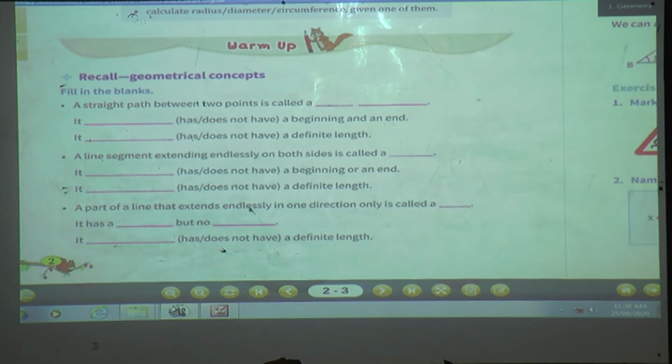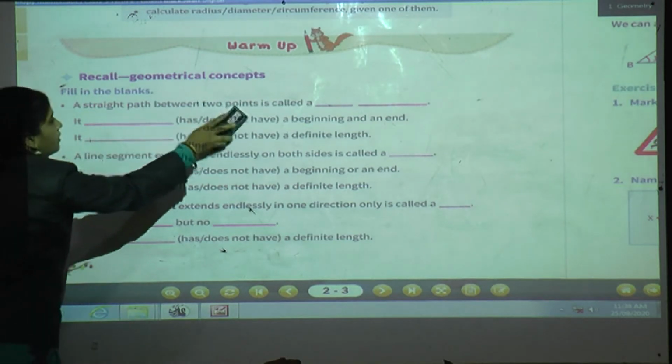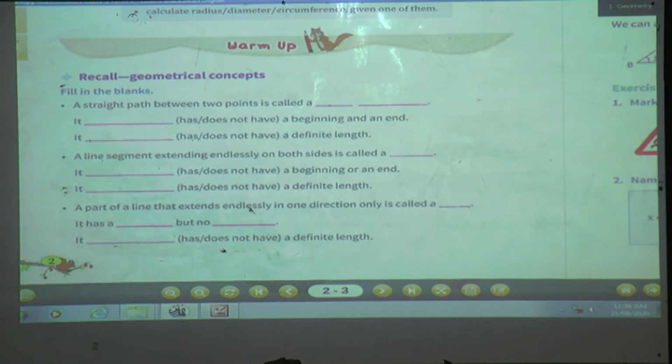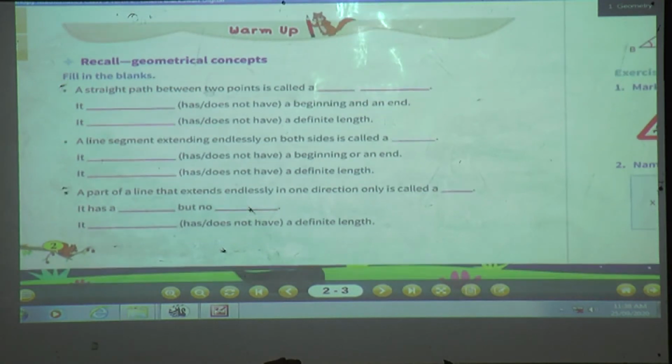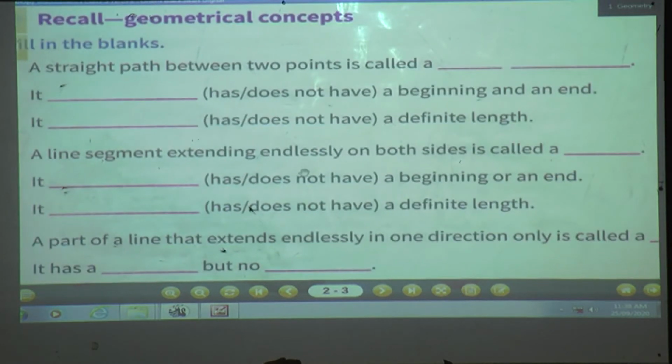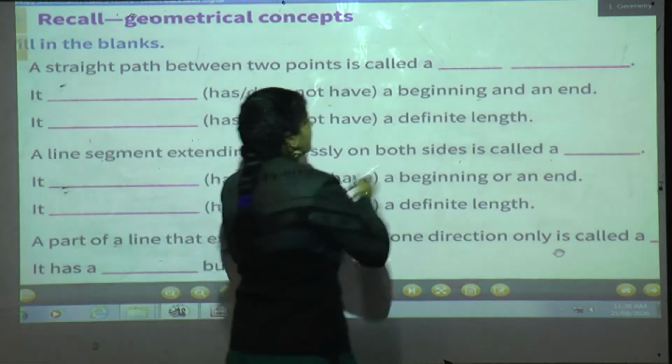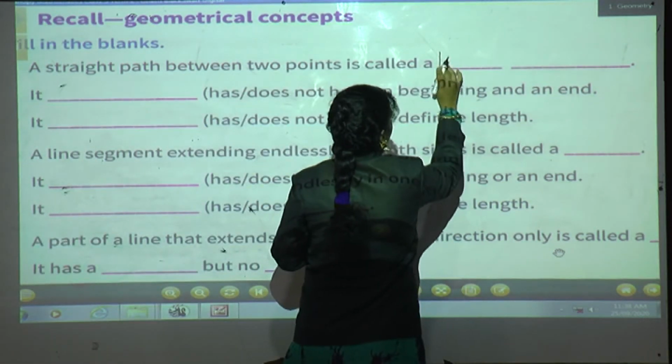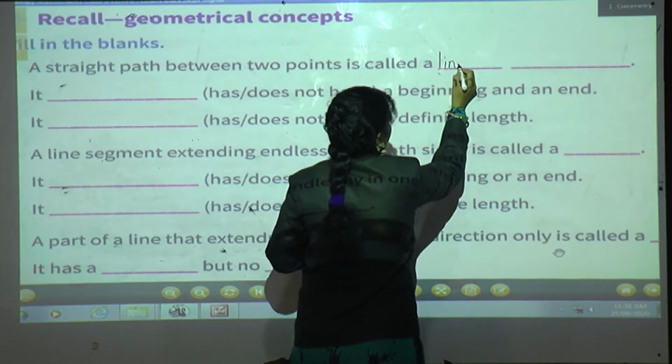First one, a straight path between 2 points is called a, well students, what do we call a straight path between 2 points? Yes, we call it a line segment.